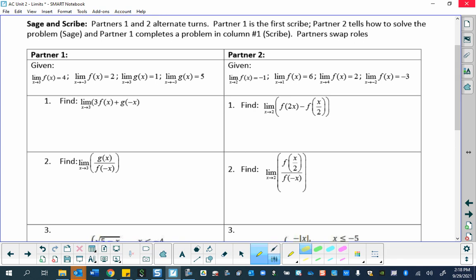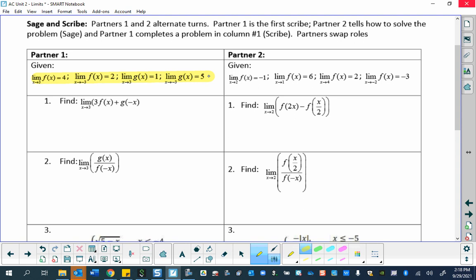So when we look here, partner 2 is given these constants. We don't know anything about the f or the g functions other than the fact that if x approaches 3 or -3, these are our various outputs.